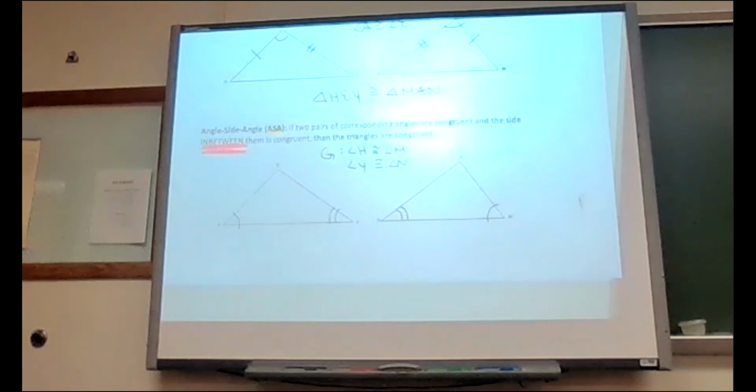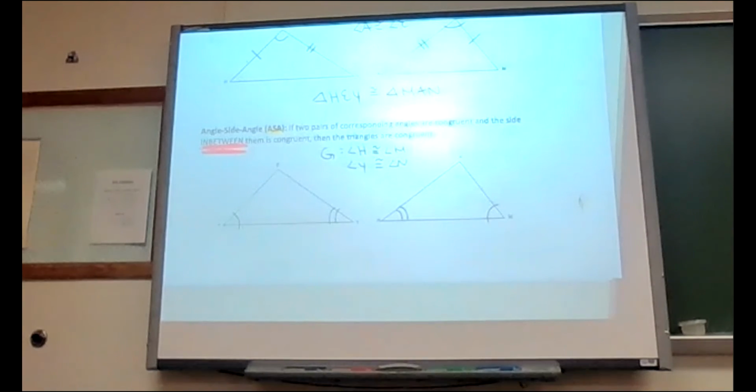I need a third piece of info. There's only one piece that's going to give me angle, side, angle. What side is between those 2 angles? What side length connects the two angles?